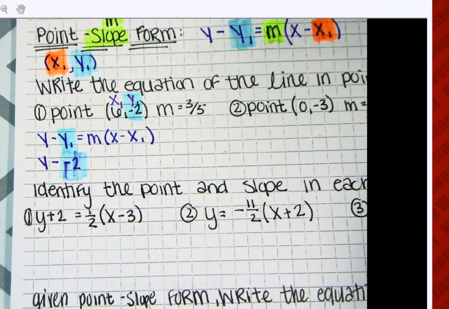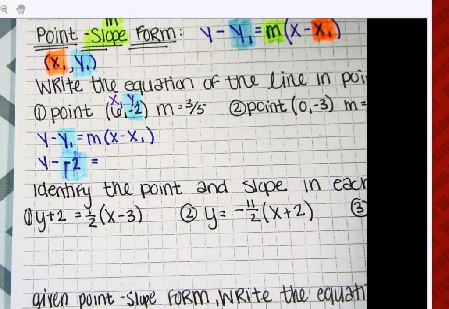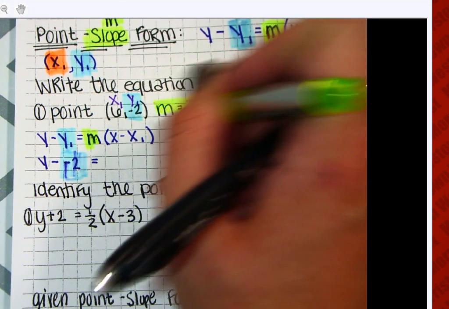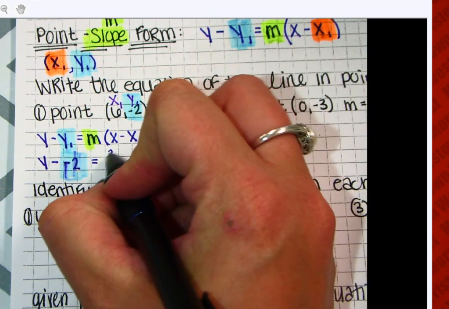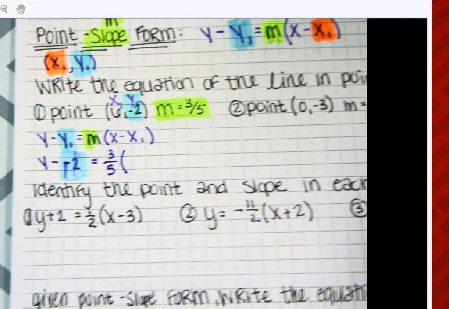Good, you can write a positive. I will do that in just a second. If you're comfortable doing it, you can go ahead and do it now. What do we put in slope's place? 3/5. My slope here is 3/5. So I'm going to replace m with 3/5. Let that dry for a second so it doesn't smear.